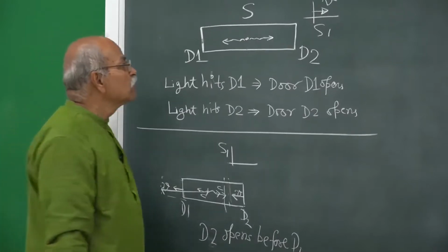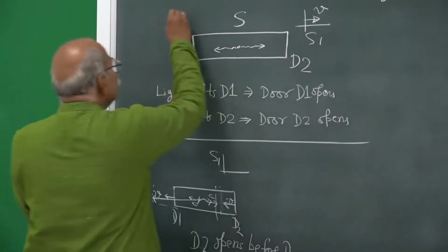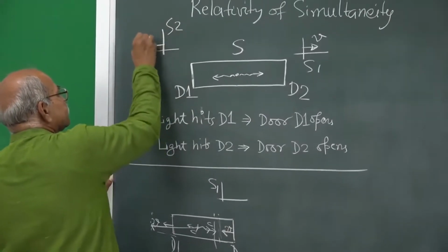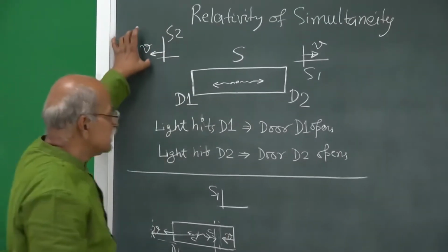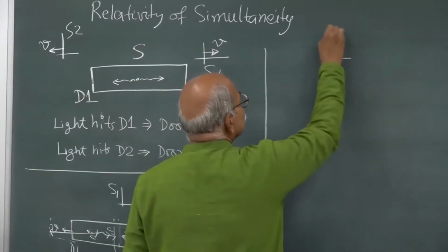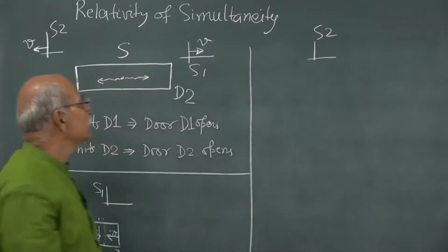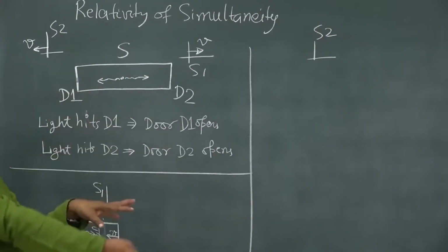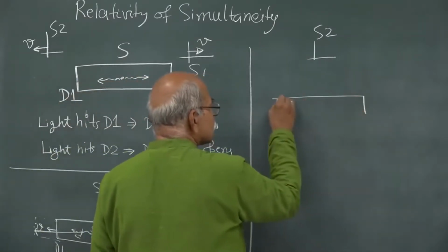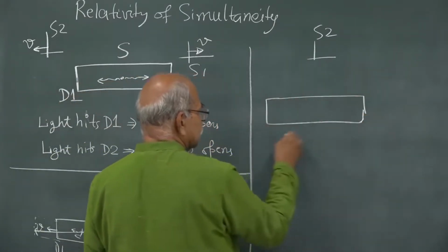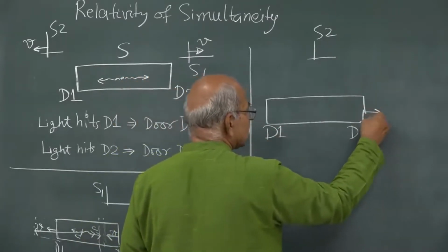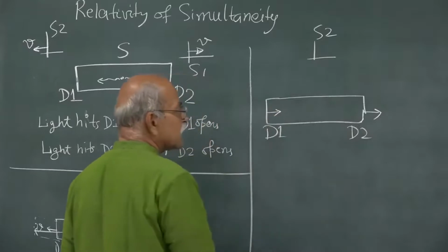You can think of yet another frame S2, which is going in this direction, and from this S2, if you look at this whole experiment, this whole tube is going towards right, and hence it is something like this. You have D1 here, D2 here, this is going towards right.